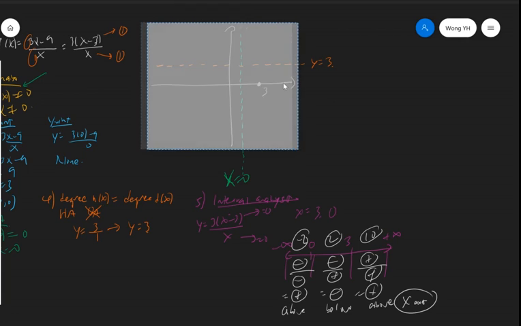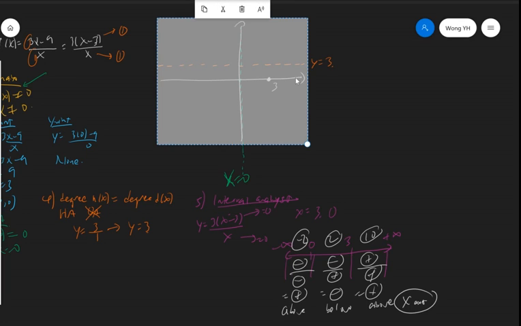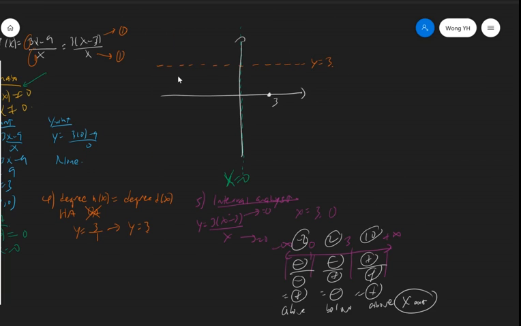Sorry, I think I moved the graph already. Yes, it should be something like this. So you should have the graph showing somewhere here.